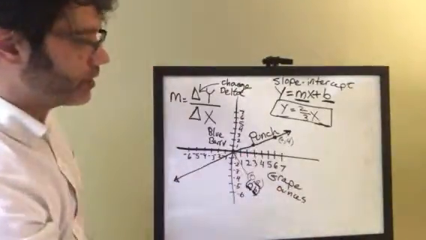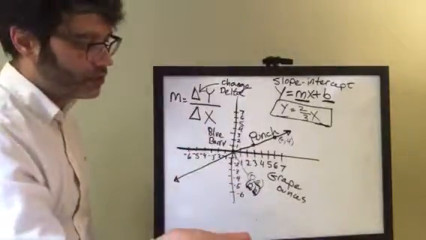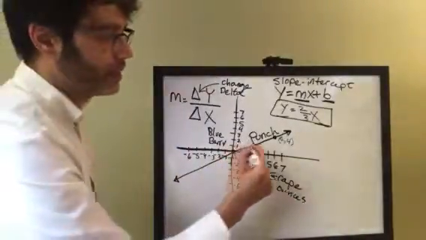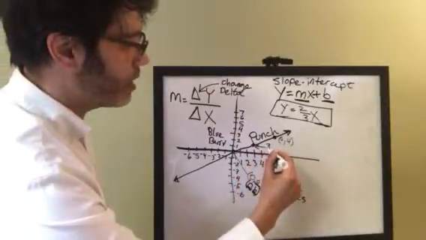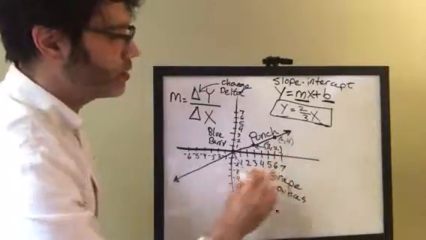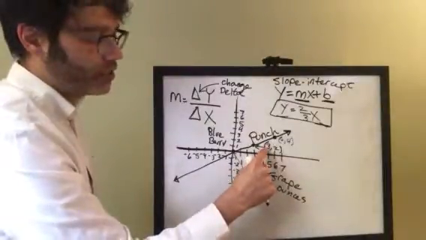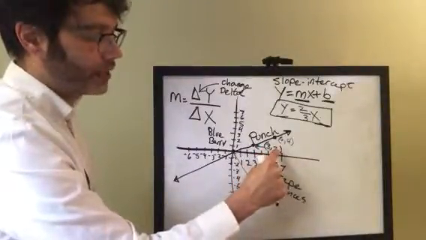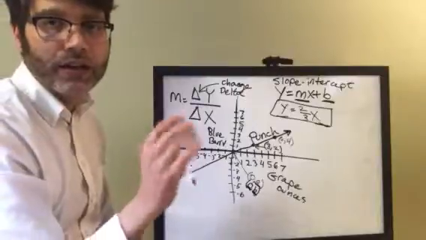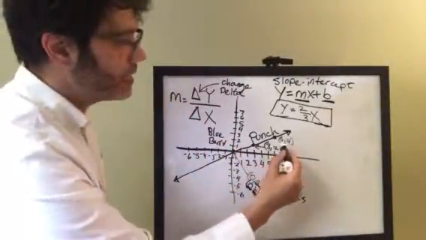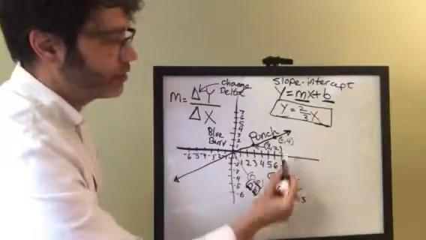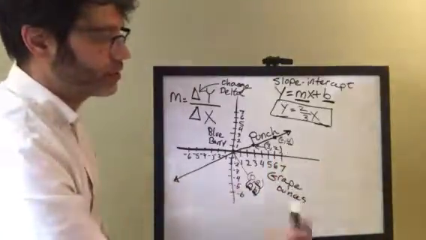Since this point is on the line, it tells us exactly how many ounces of grape juice and blueberry juice we need to make perfect punch. Here it says 3, 2, which means we need 3 ounces of grape and 2 ounces of blueberry juice to make perfect punch proportionally. Here we need 6 ounces of grape juice and 4 ounces of blueberry juice.